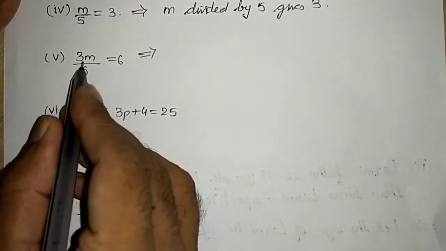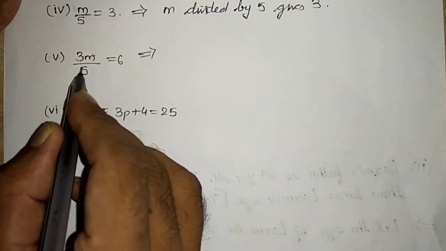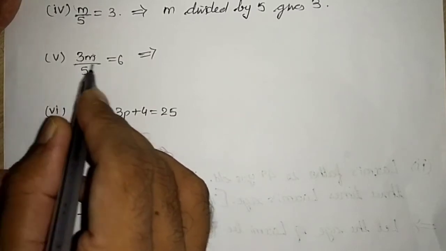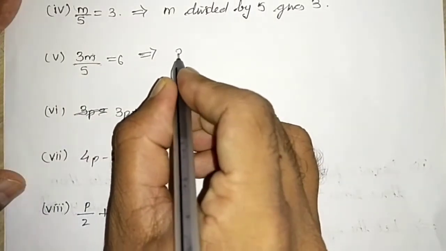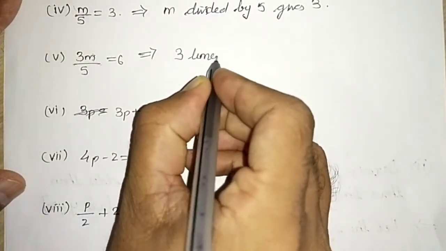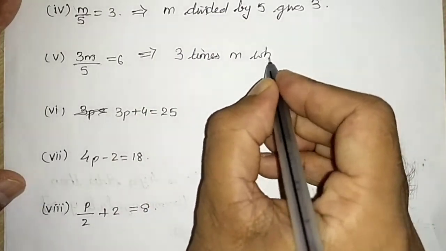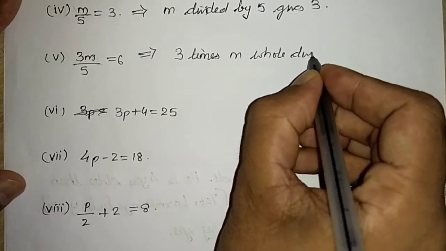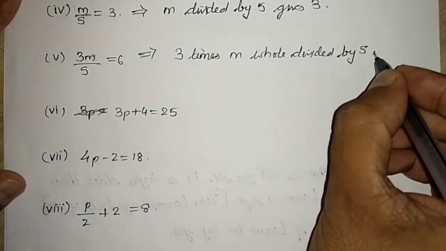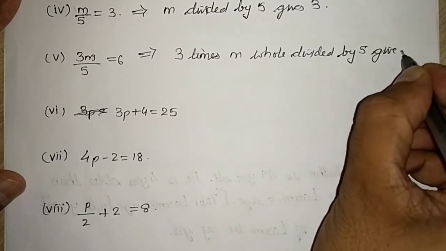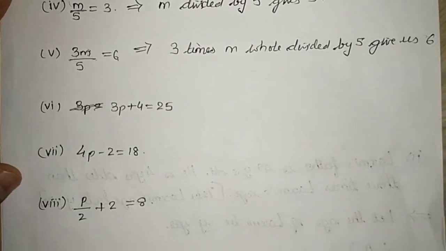Next, 3 is in multiplication with m, so we will write 3 times m, whole divided by 5, gives us 6.